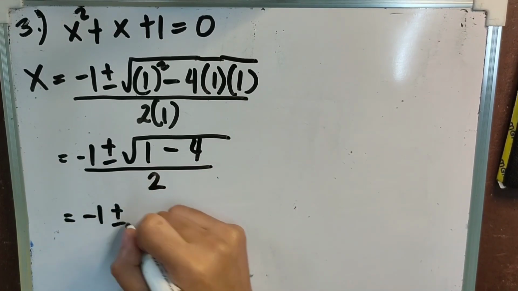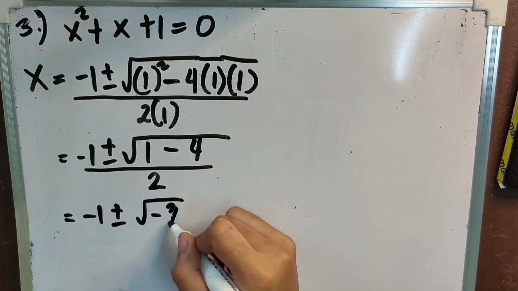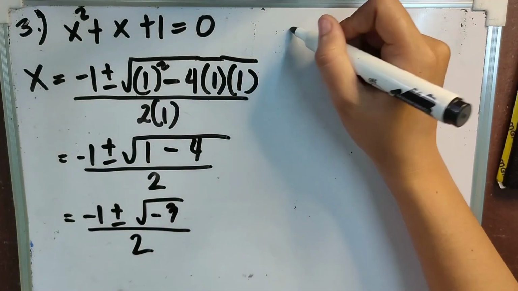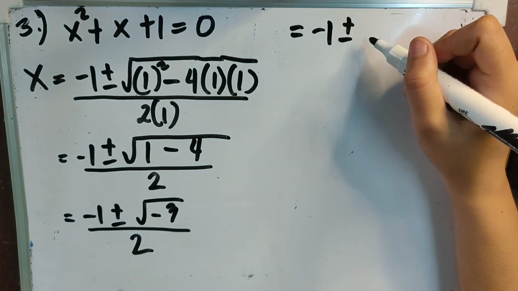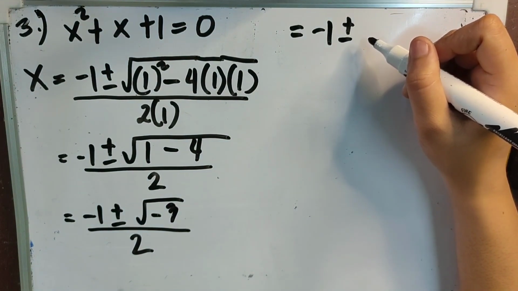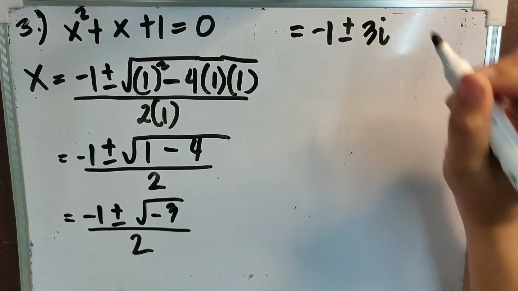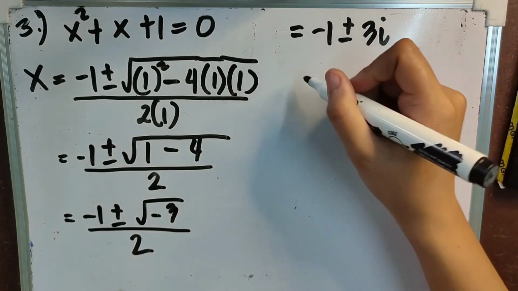Negative 1 plus minus square root of negative 3 over 2. Since the square root of negative 3 is imaginary, we are going to write this as square root of 3 times i, meaning imaginary. There is no real solution.